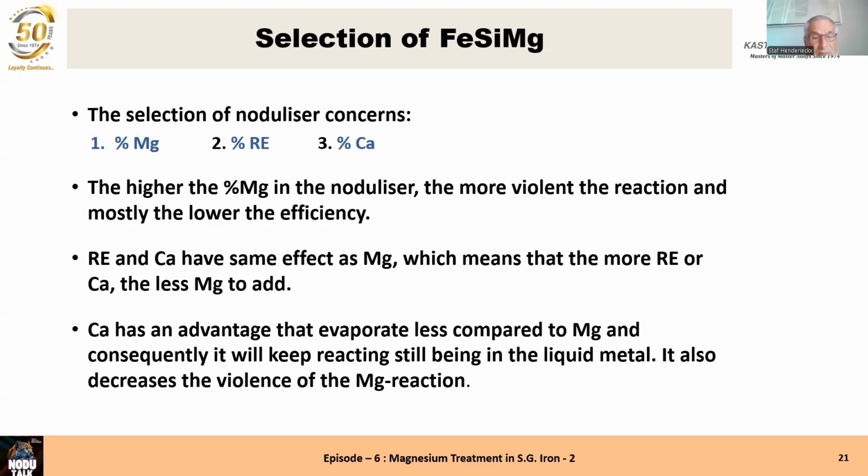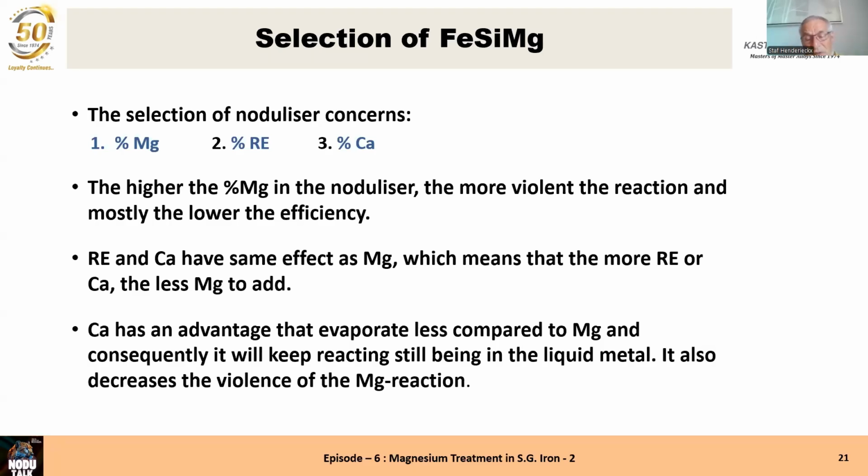It's a very violent reaction you will have over there. Second thing to remember is rare earths and calcium have the same effect as magnesium concerning the formation of oxides and sulfides. So that means if you add something with more rare earths or calcium, the magnesium can be less. Last thing is calcium has an advantage that it evaporates less compared to magnesium.